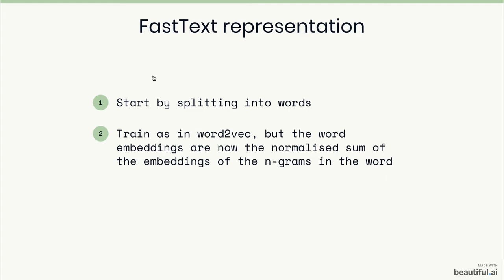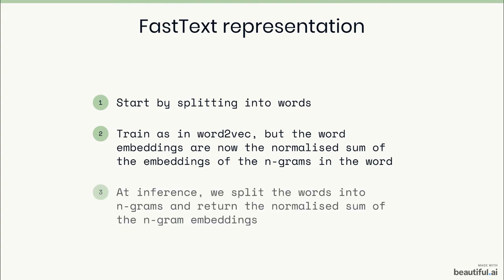So we take a word, split it up into all the individual n-grams, embed every one of them, sum them up, and normalize the sum, and that would be the middle layer of our neural network. And then again, we blow it back up, and we want to predict the neighboring words. So that's when we're training.